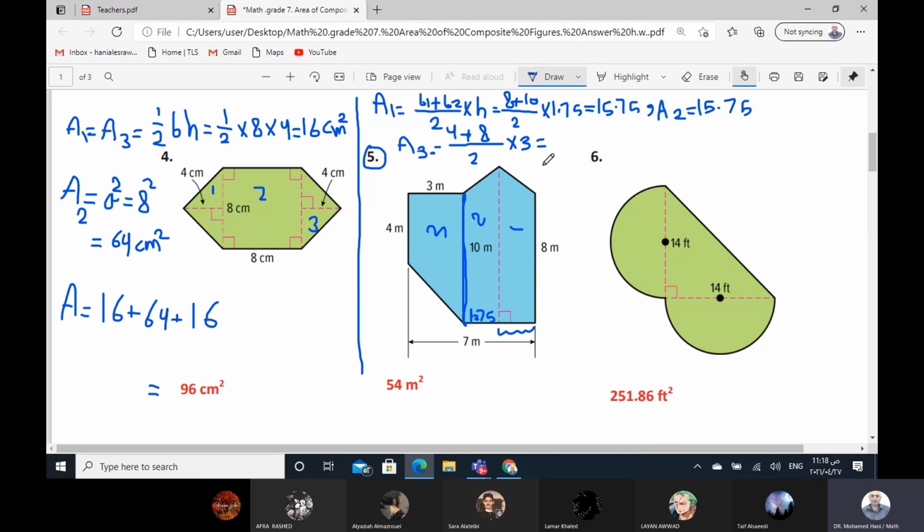So 4 plus 8, 12. 12 divided by 2, 6. 6 times 3 will be 18.